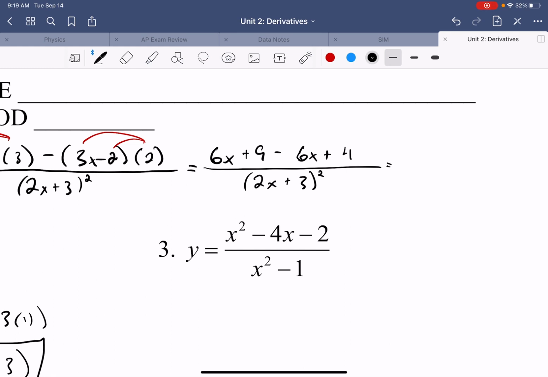So now we have a 6x minus a 6x, so those are going to cancel. And then we have a 9 plus 4 that we can combine. 9 plus 4 is 13 over 2x plus 3 squared. And that is fully simplified.